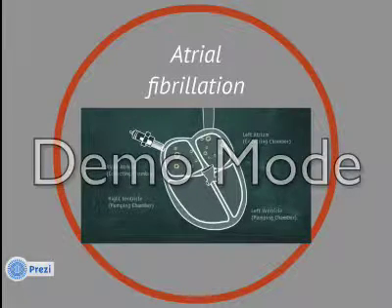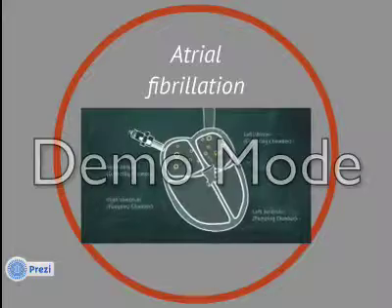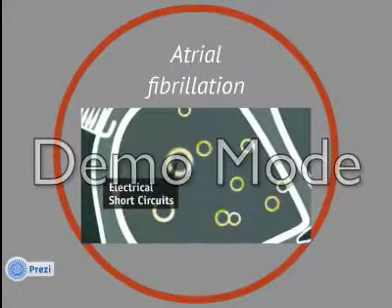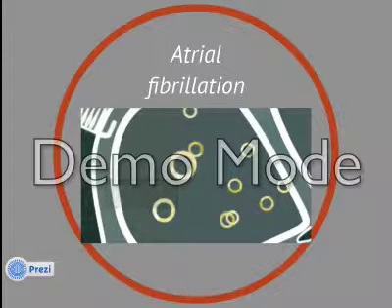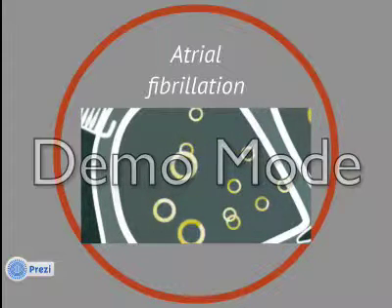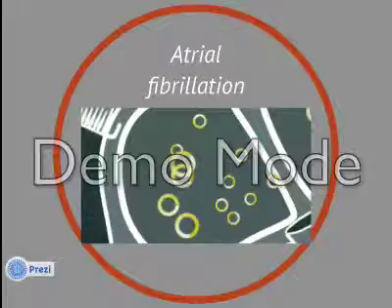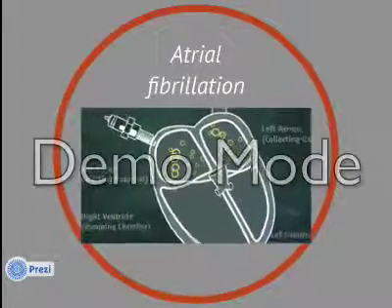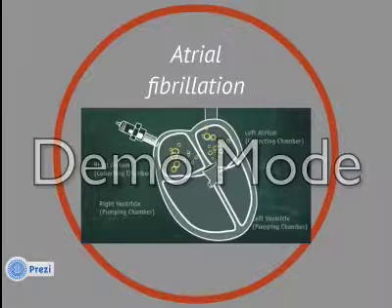This extra beat then leads to a rapid, disorganized set of multiple short circuits, which are set up in the collecting chambers. As a consequence, the electrical function of the collecting chambers during atrial fibrillation is taken over from the normal biological pacemaker, which then disappears. It no longer has any function during atrial fibrillation.